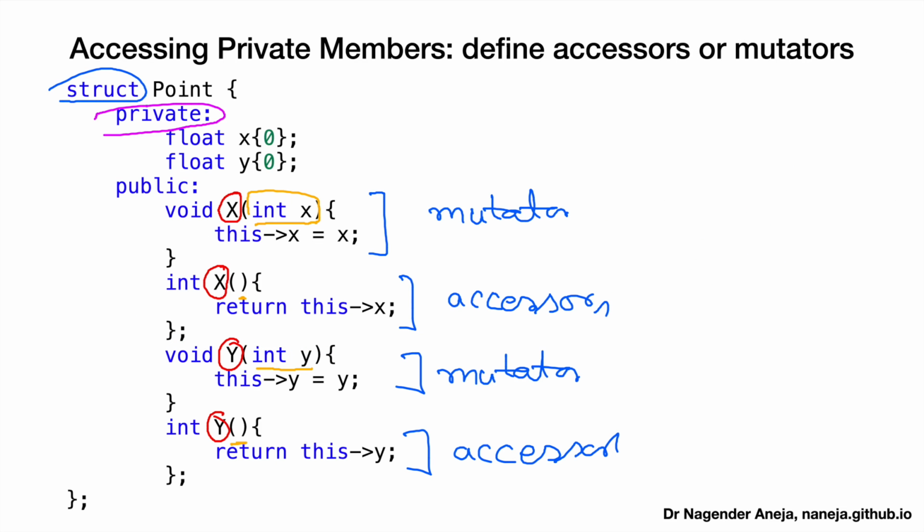What we have done here is that we have created x and y functions, whose role is to mutate and access, acting as accessor functions, but they are not adding any value. So we have functions to do the same thing, but main could have directly written the values of x and y instead of calling these functions.